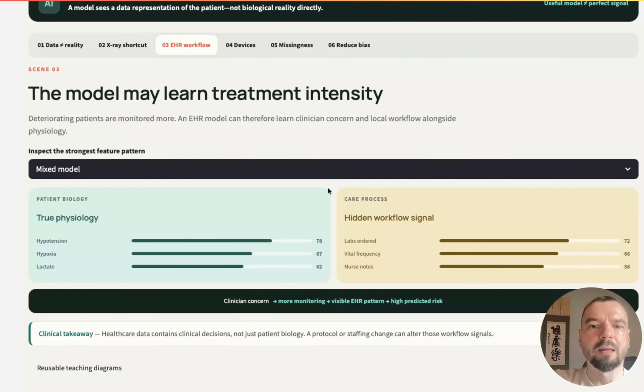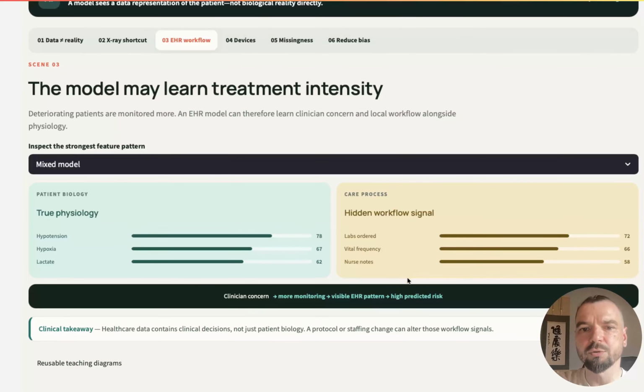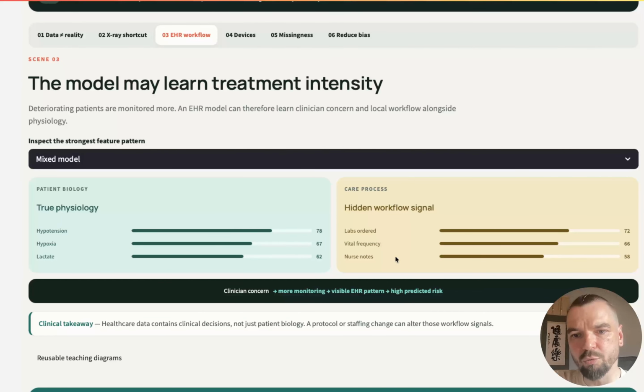Another point, for example: a good model will train on real physiology like pressure and blood analysis, but when we show this information to the model, it also knows, for example, the frequency of how often a lab was ordered, or the frequency of lab results, or some specific nurse notes.